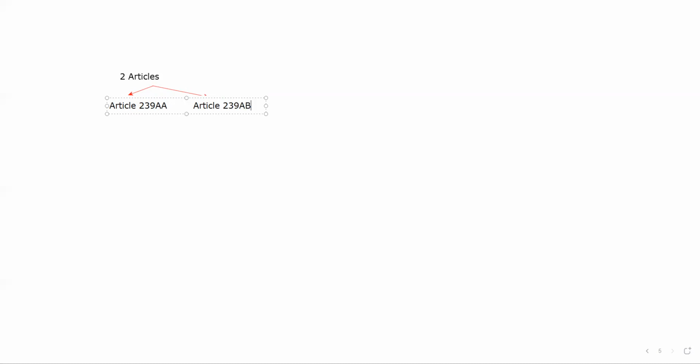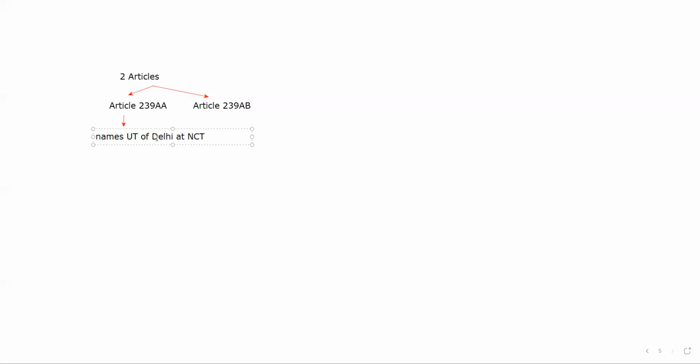What is there in Article 239AA? One important point is that this article names the Union Territory of Delhi as NCT, National Capital Territory.